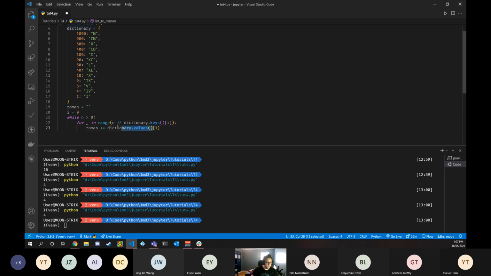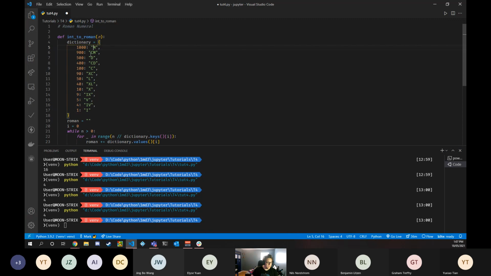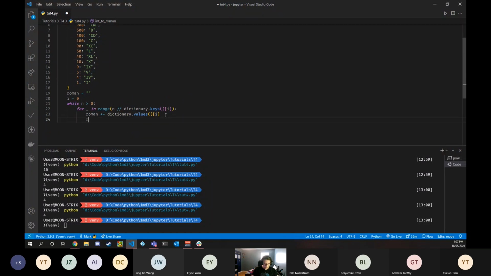will be whatever the value is at the dictionary: M, CM, D, CD, C, XC, L, XL, etc., etc. And then n minus equals whatever the key's value was.